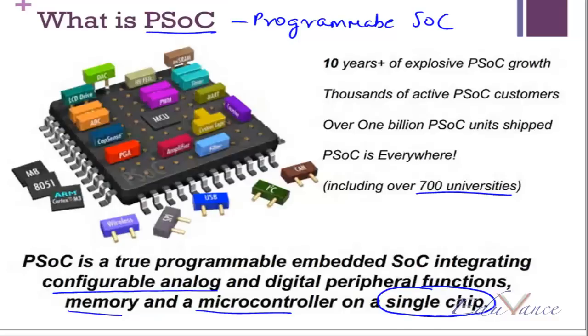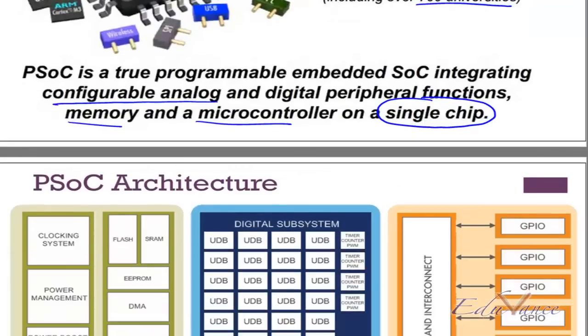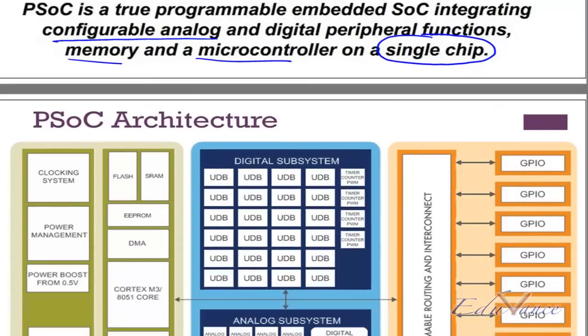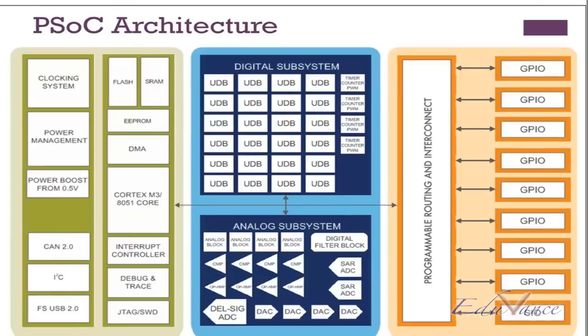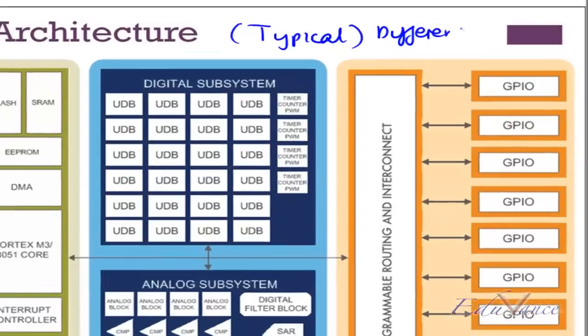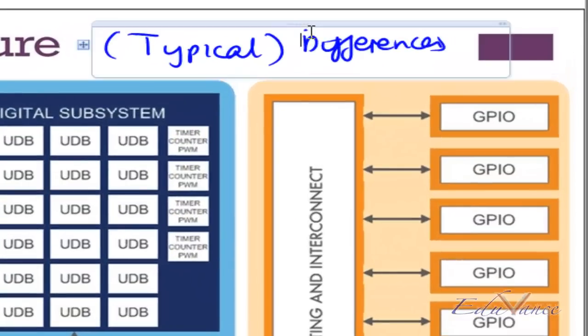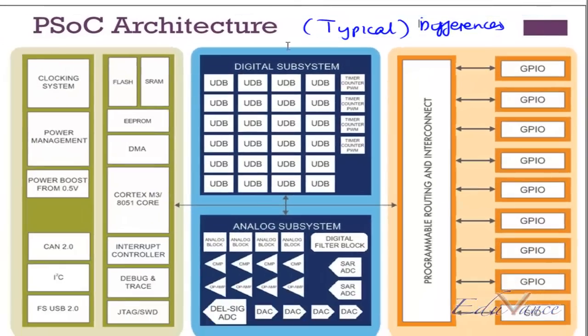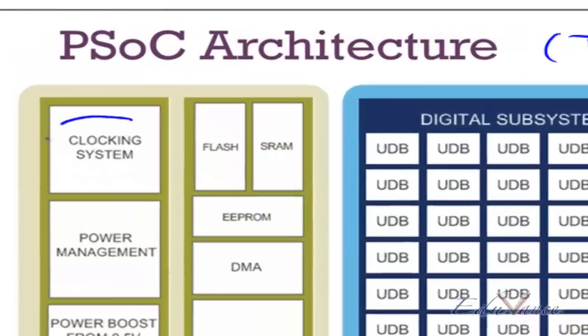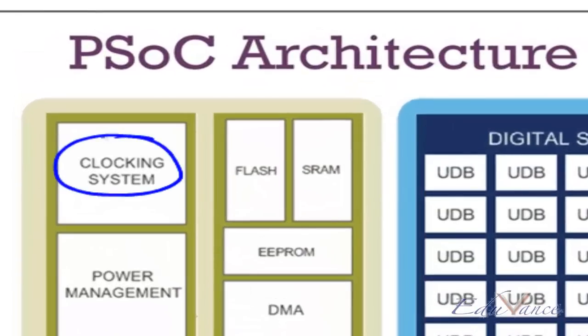So when we look at a PSoC, we typically have 3 families of PSoC, but before that we should understand the architecture that a typical PSoC device has. There will be some differences from one family to another, so let us understand that. You have the clocking system, which takes care of the clock distribution, so you have different clock frequencies.